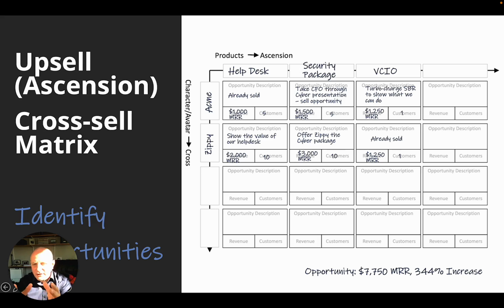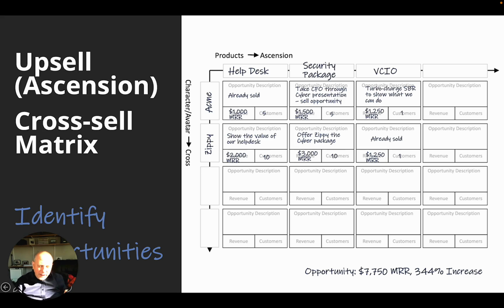And you can see there's a lot of value in that MRR that we're not capturing. So in this case, the opportunity on this sheet is like $77,750 of MRR, which is a 344% increase, just by looking at your current clients and figuring out where those gaps are.